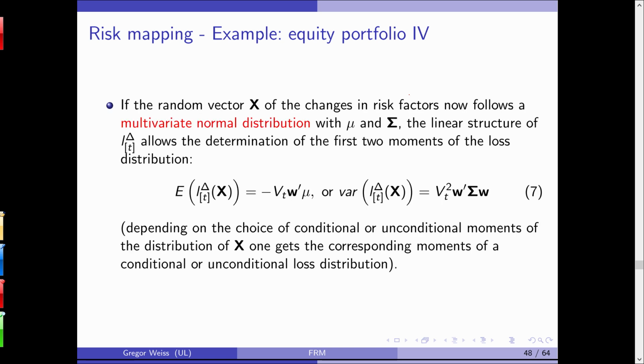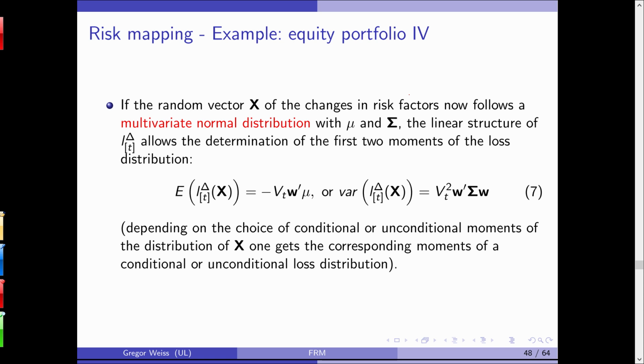And now let's assume we have a multivariate normal distribution for the risk factors, for the log returns, with mu and capital Sigma as the vector of expected values and the variance-covariance matrix.